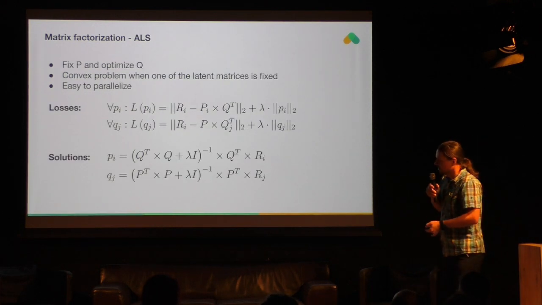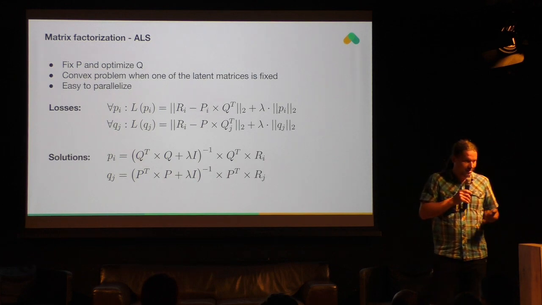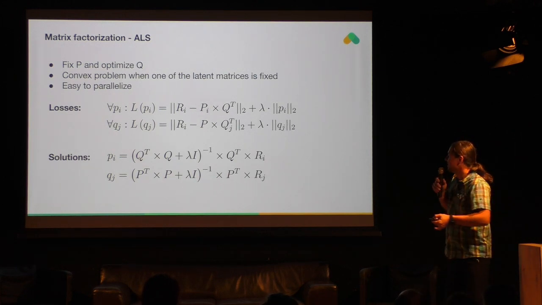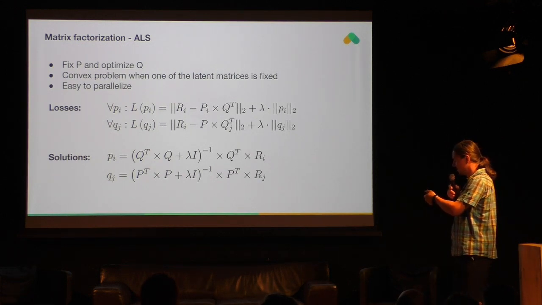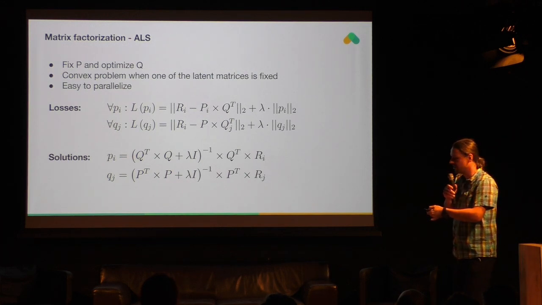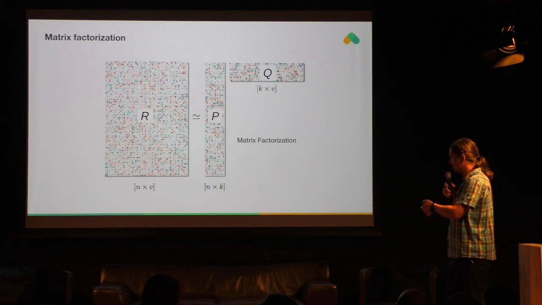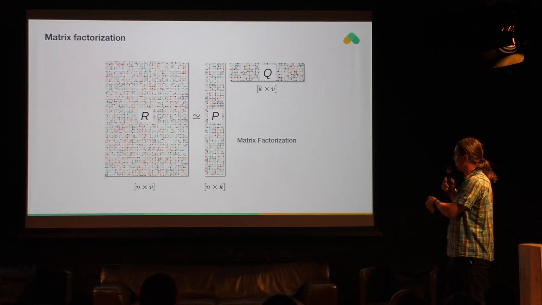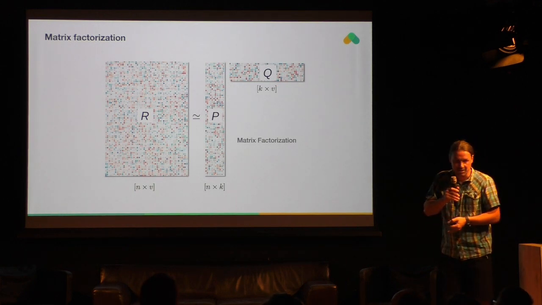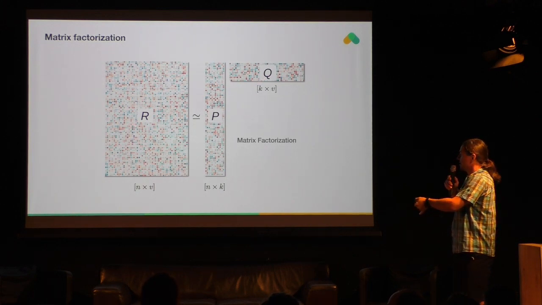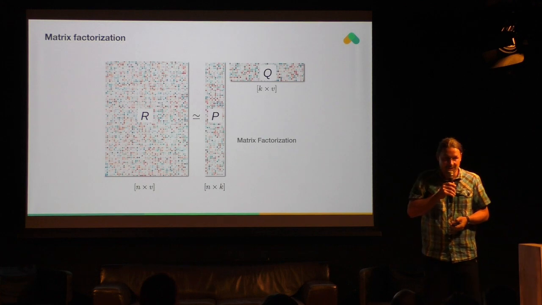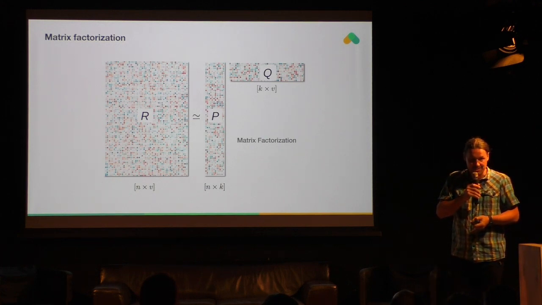Okay? So it's one method, and the second most popular method here is called the alternating least squares method. Here you have one matrix fixed, and you reconstruct the second matrix. For example, P is fixed, and then you compute in one step, using the general least squares method, the values in this matrix in order to match the ratings in the big matrix.